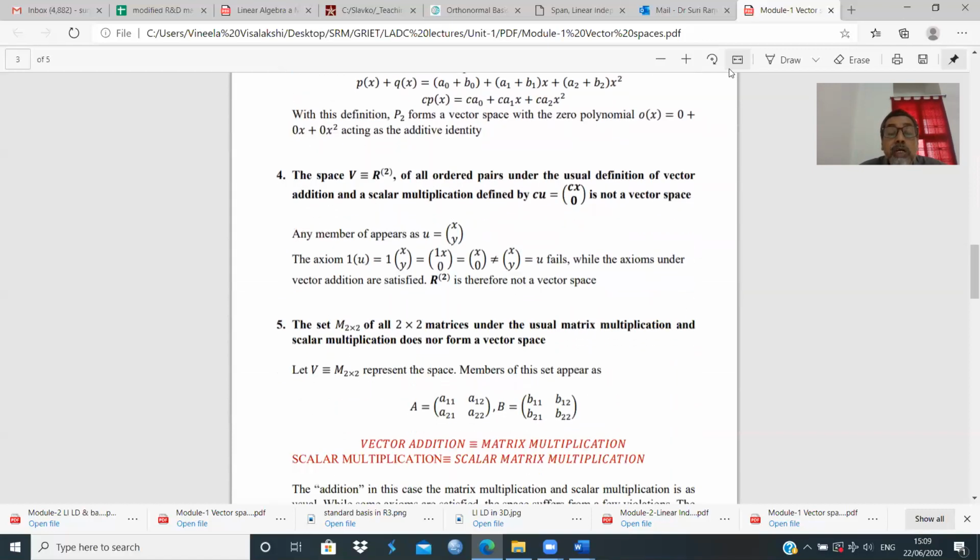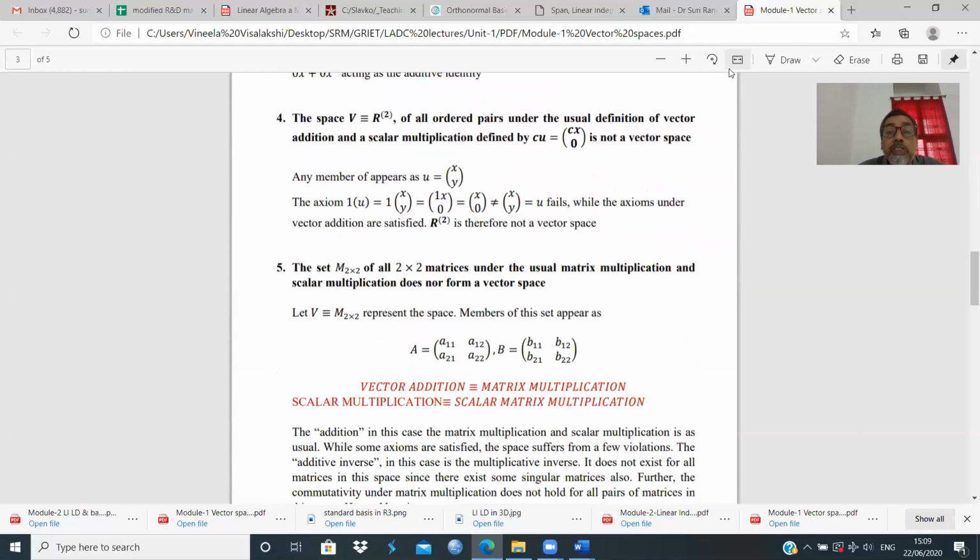Let us now discuss a space which does not become a vector space because of an unusual scalar multiplication definition. So we talk about R2 here, the set of all ordered pairs, and the addition is the usual vector addition, but we define a new scalar multiplication as c times u equals (cx, 0).